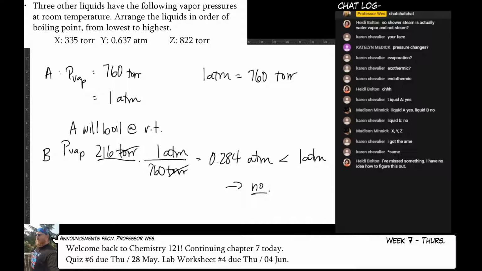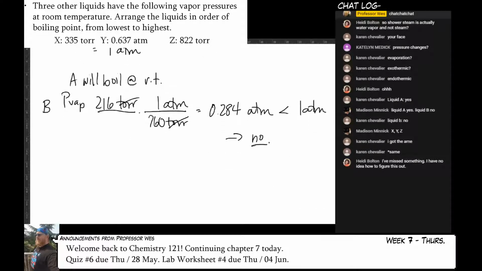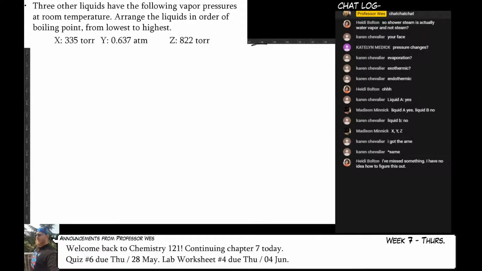All right. For this next one, we got to get all three of these into the same unit. So what I'm going to do is turn X right here into atmospheres. So 335 torr. We can turn torr into atmospheres just like we did before. There are 760 torr in an atmosphere.